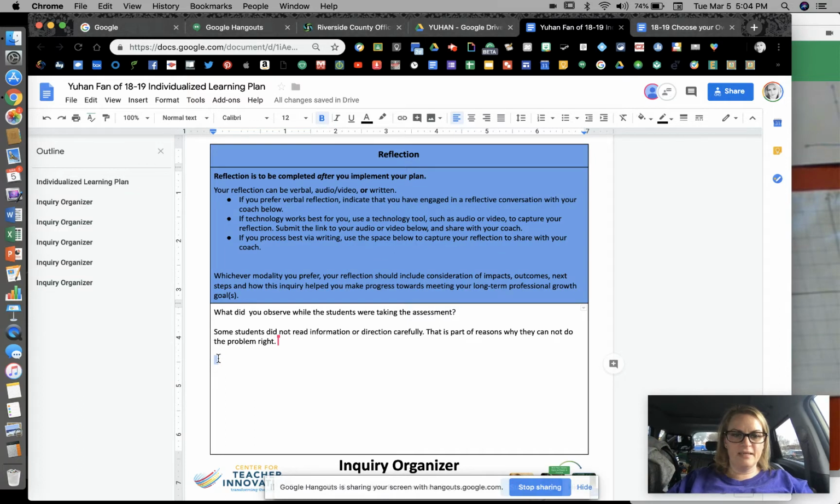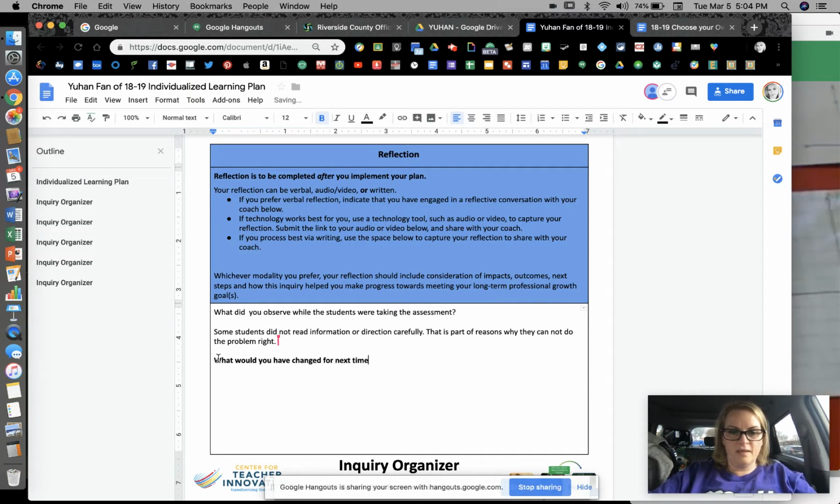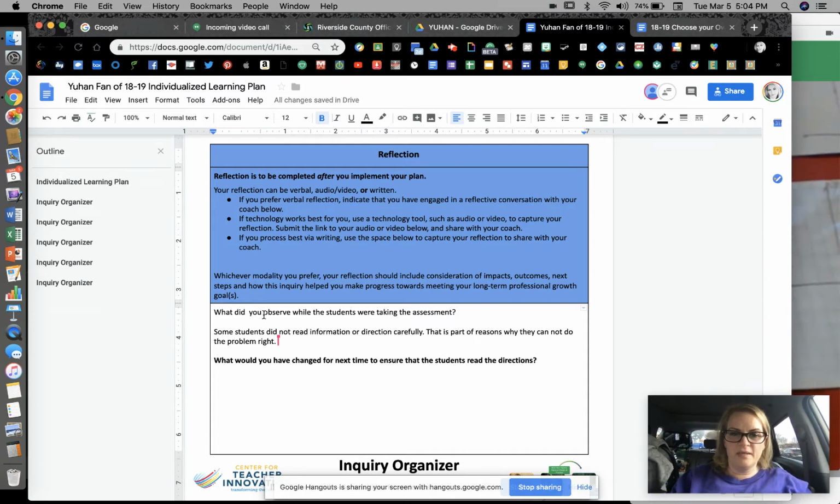Let me see. What would you have changed for next time to ensure that the students read the directions? What is something you think you could do next time that makes sure the kids are reading those directions?